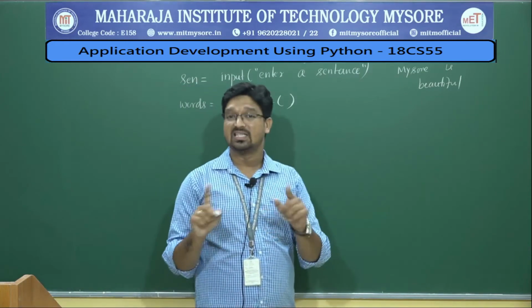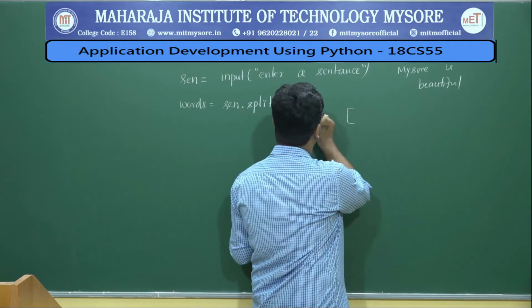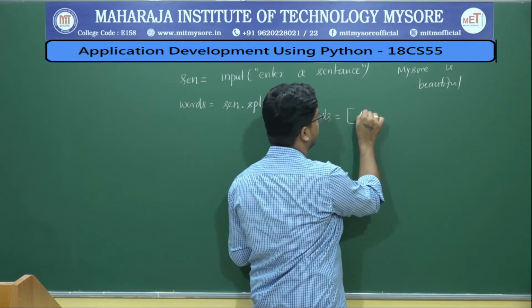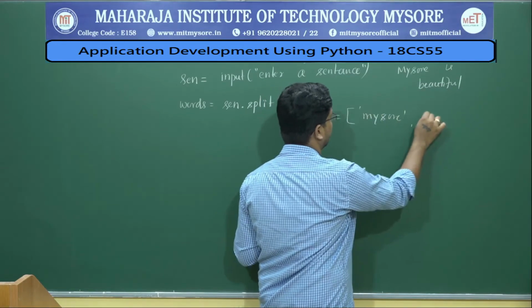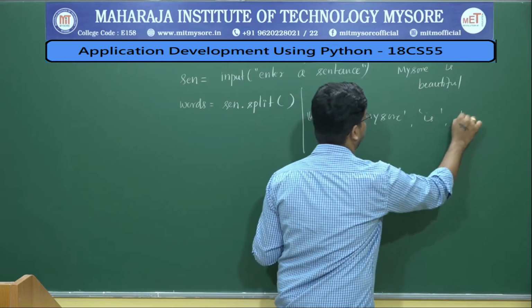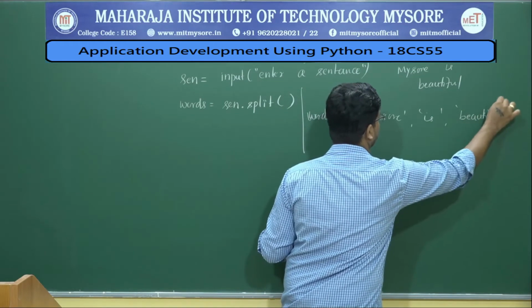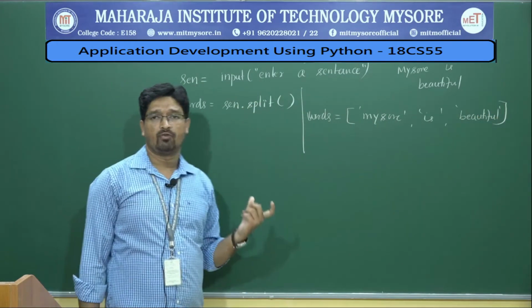Words is a list of words. It's a list which contains Mysore, is, then beautiful. So these are the three words you got from the split function.